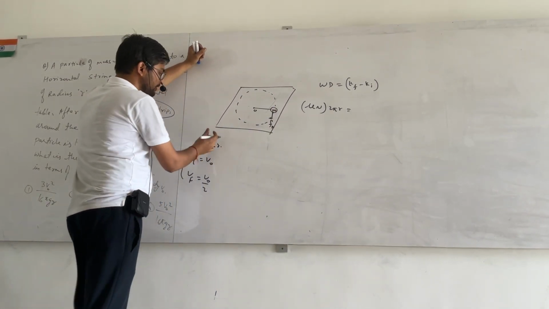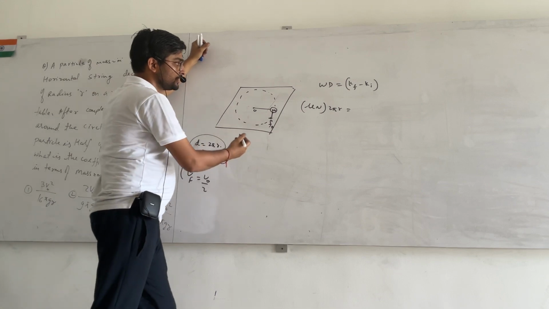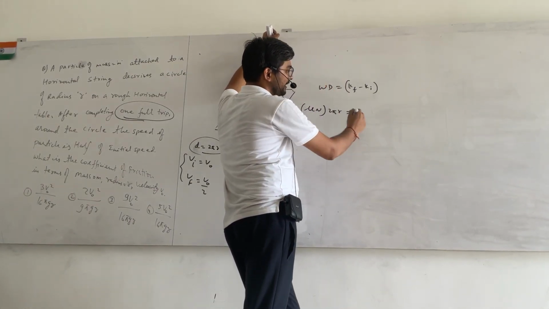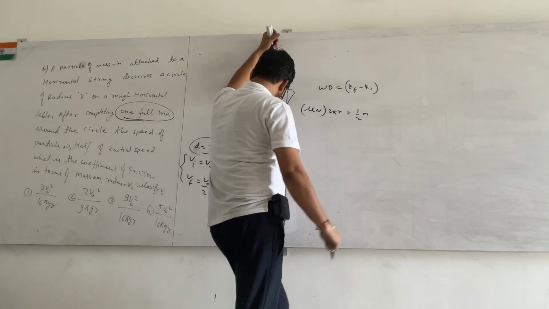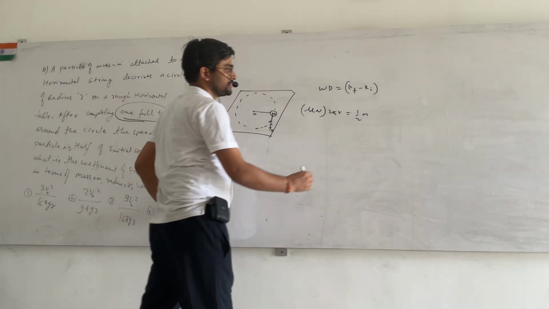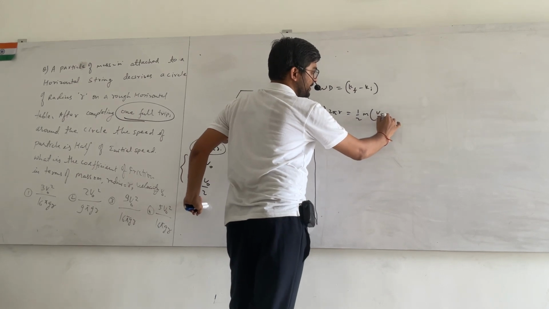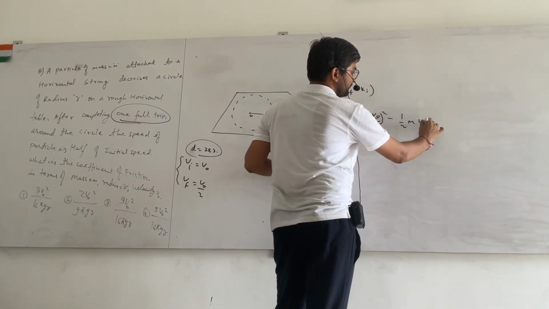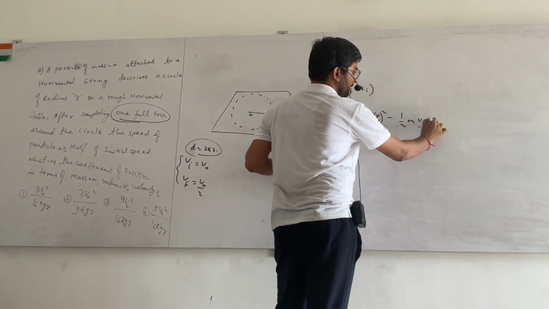Now K final is half m into V naught by 2 squared, minus the initial kinetic energy, half m V naught squared.